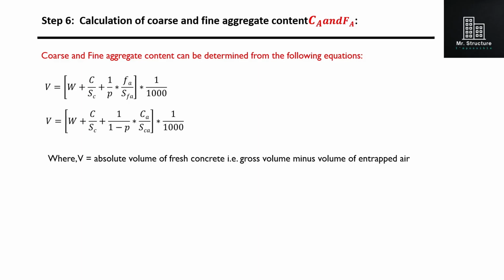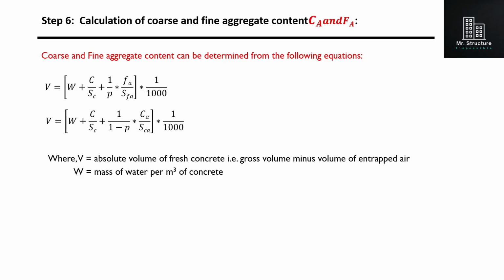If 1 meter cube of gross volume is taken, then the percentage of entrapped air was obtained to be 0.02 meter cube. Therefore, the absolute volume of fresh concrete A equals 1 minus 0.02 equals 0.98 meter cube.